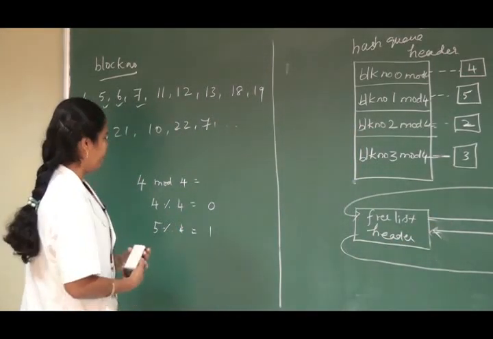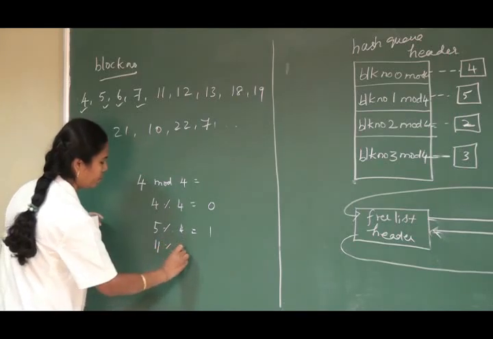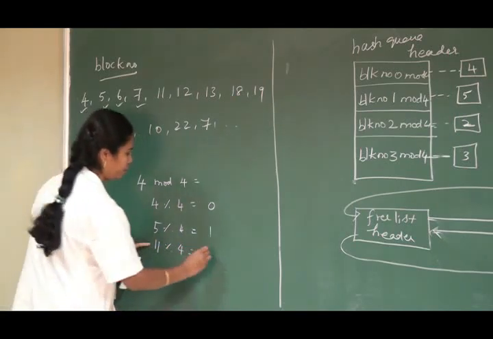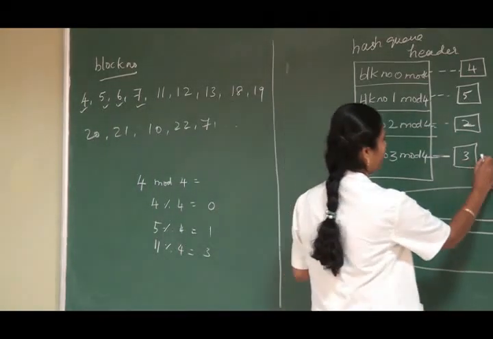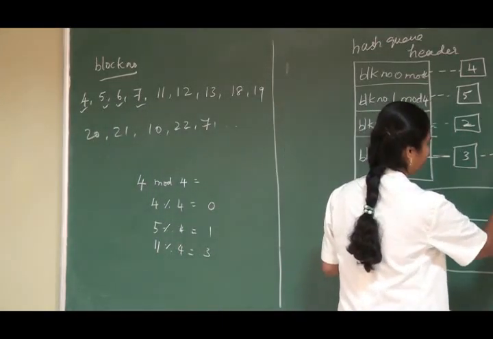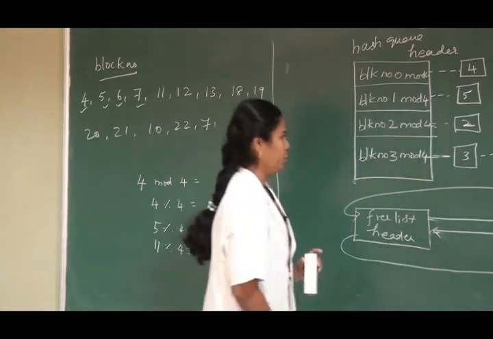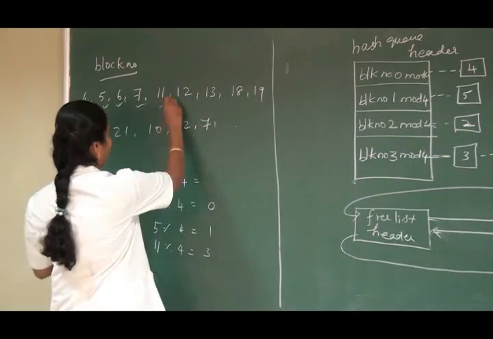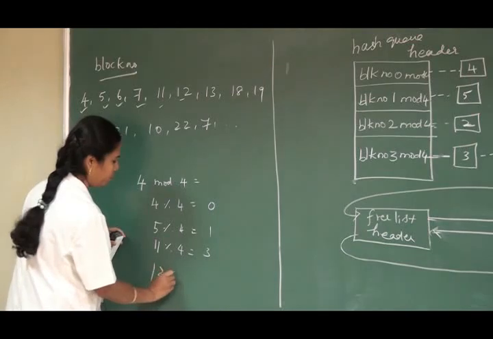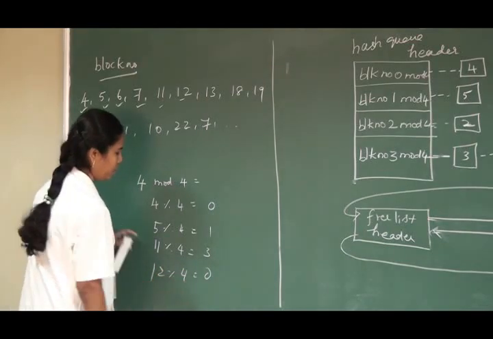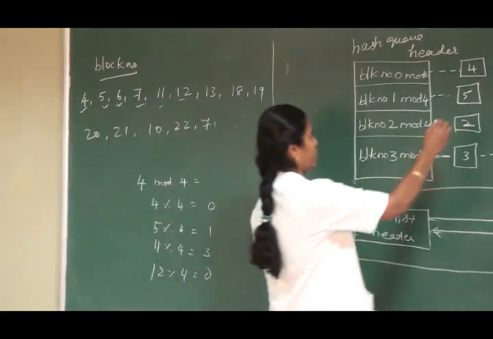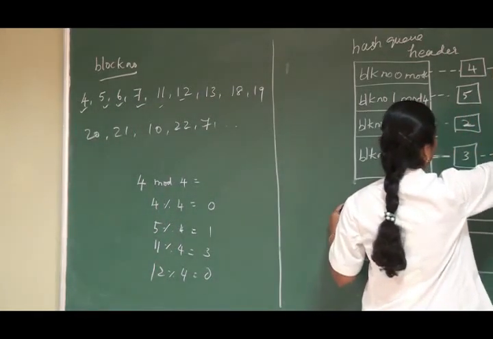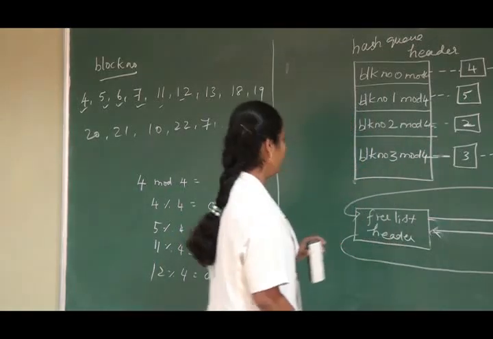For allocating 11, 11 mod 4 is equal to 3. So you connect block 11 in hash queue 3. Next 12. 12 mod 4 is 0, since 3 times 4 is 12, the remainder is 0. So you put it in hash queue 0.